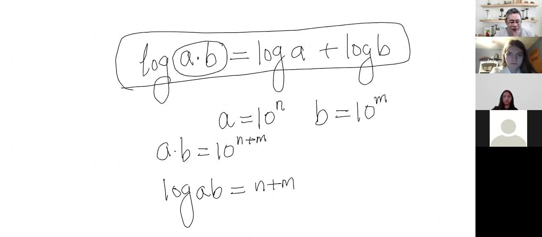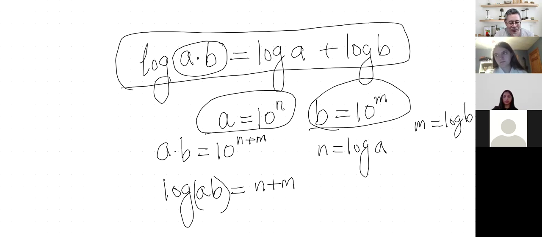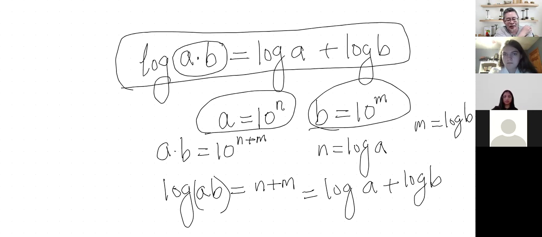Well, from here we know that n is log of A, and m is log of B. So log AB becomes log A plus log B. Are we okay on this one? Yes.